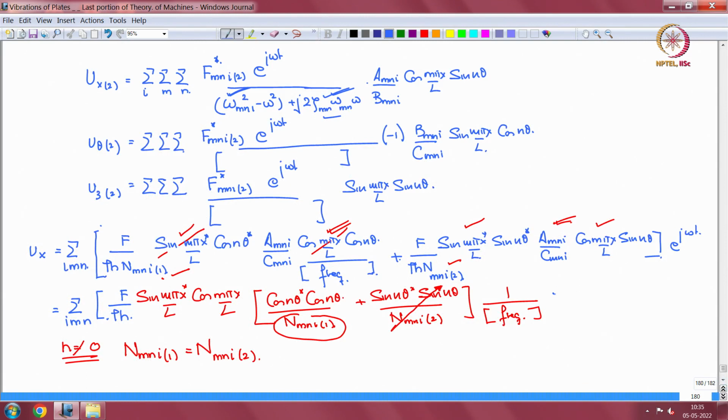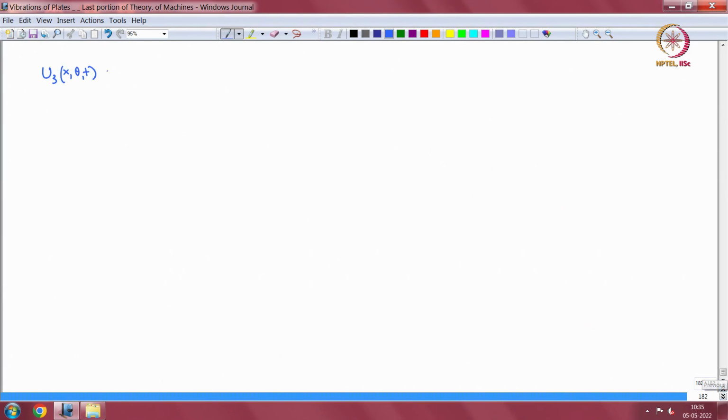It was here but later I dropped. That is equal to sigma I m n, f by rho h, sine m pi x star by L, sine m pi x by L, the frequency term, cos n theta minus theta star divided by n m n I 1.